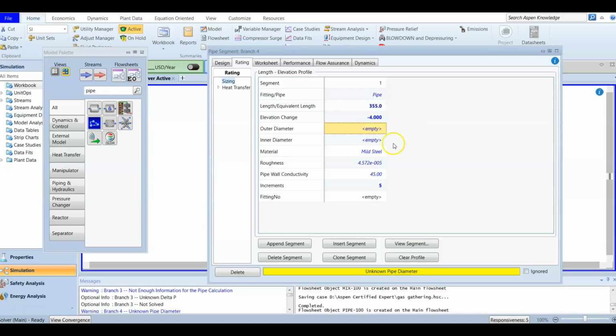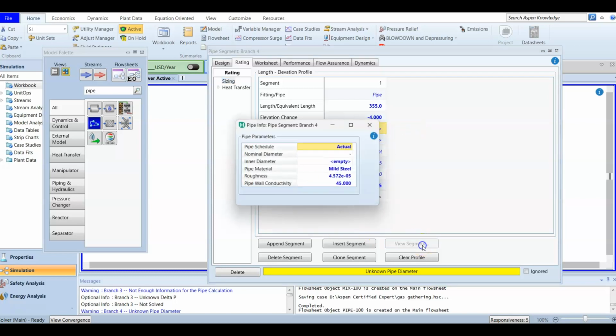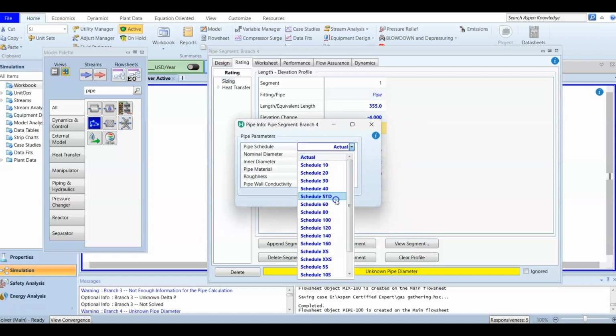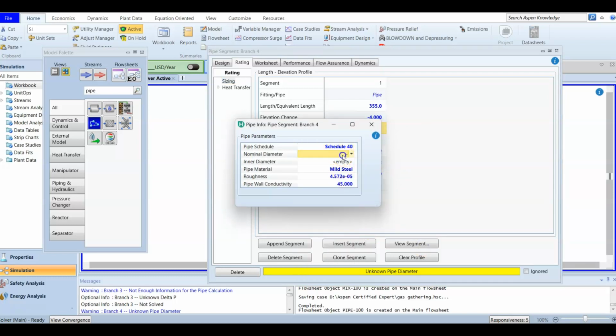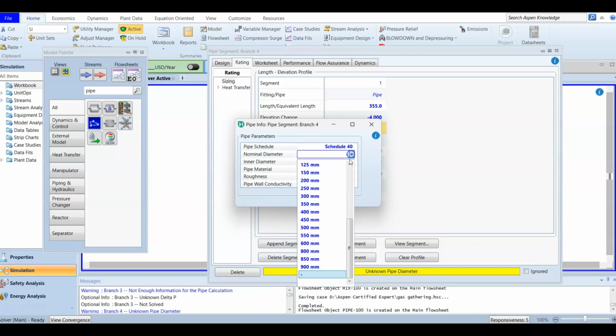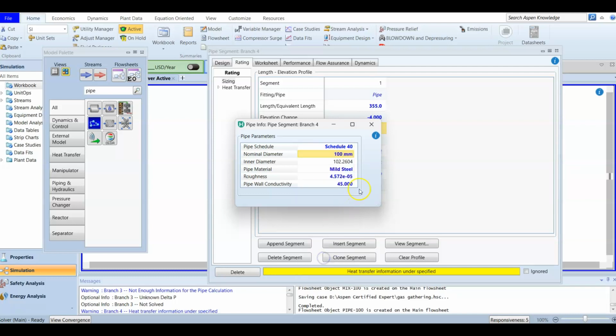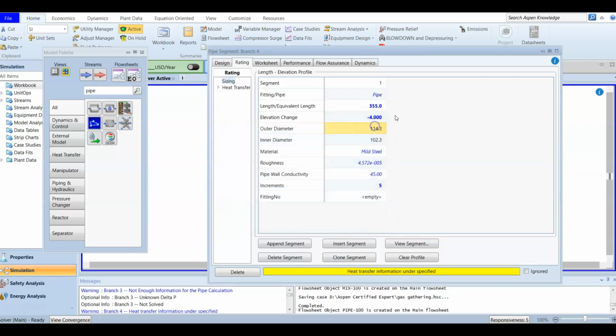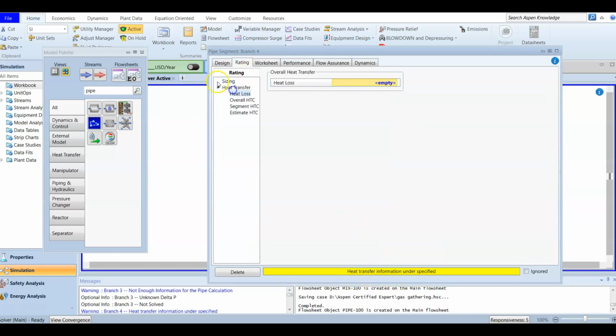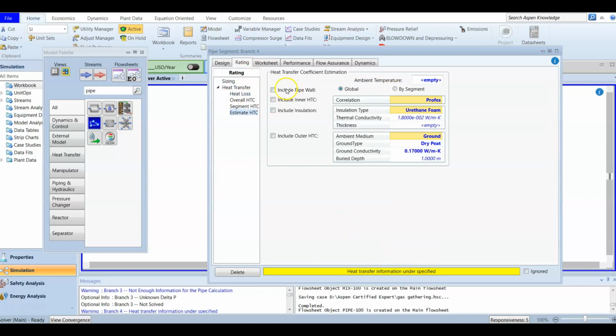Now I'm going to view the segment to choose the schedule, which is 40, and also I'm going to choose 100 millimeter nominal diameter. So we have defined the information. We have heat transfer information under specified, so I'm going to estimate because I don't have any information, so I'm going to add 5 here.